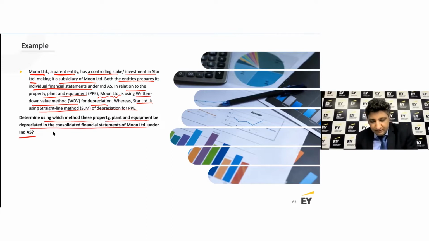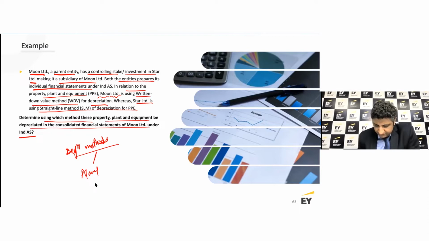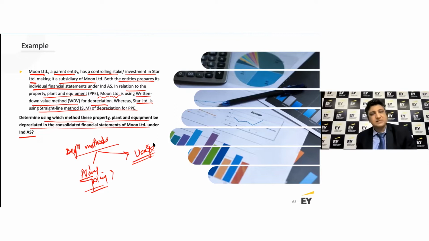Now, before we even talk about the uniform accounting policies, the first question that we want to understand is: are depreciation methods a part of accounting policy, first of all, or are these purely derived on the basis of the expected usage, right?